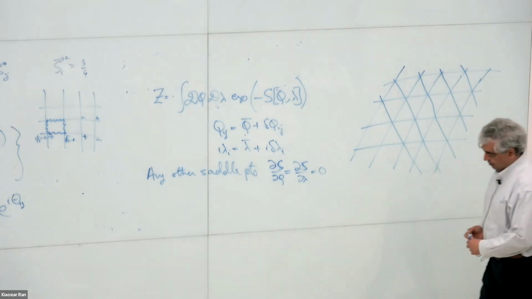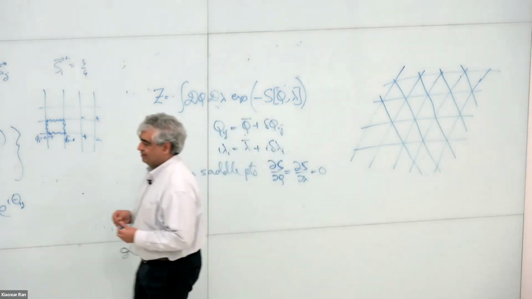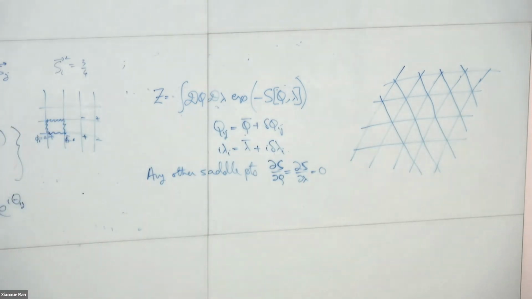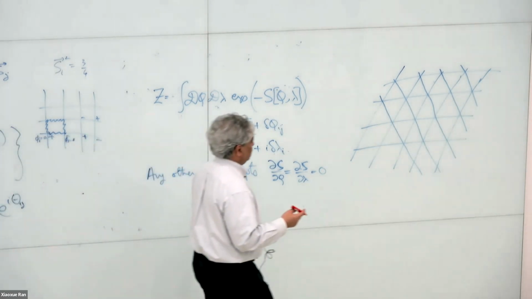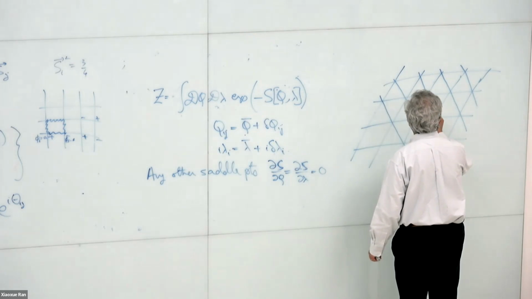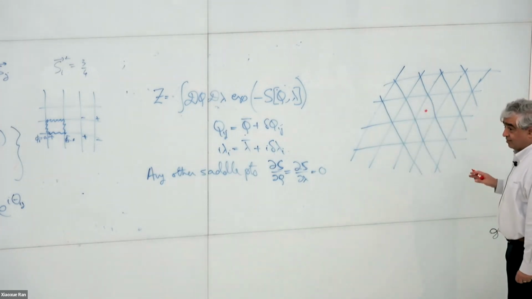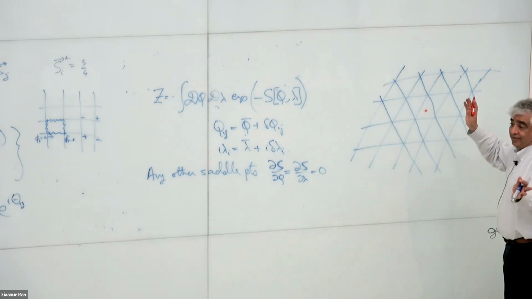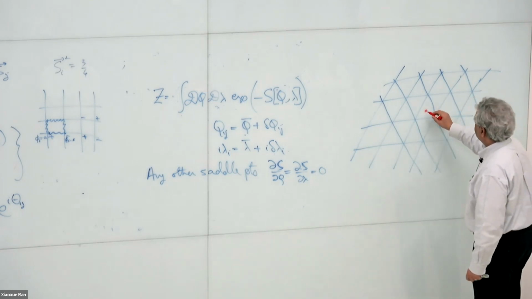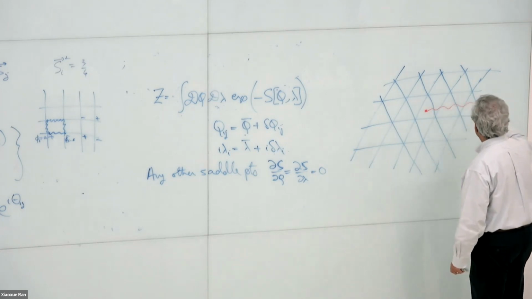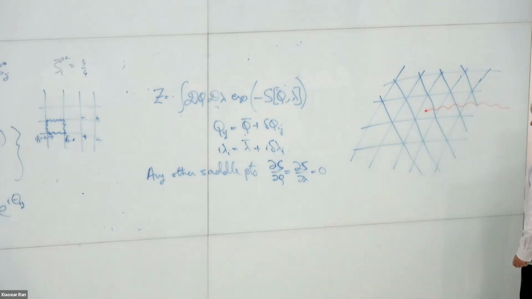But now I'm going to give you a non-uniform solution, and it's going to have a center that will be the core of this object. Let's imagine the center is over here. And then I'm going to draw a branch cut. It doesn't matter where I draw the cut, but it goes off to infinity. Really, it goes off to another endpoint somewhere where I have another vortex. So that's infinitely far away.